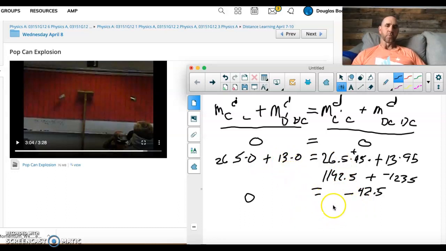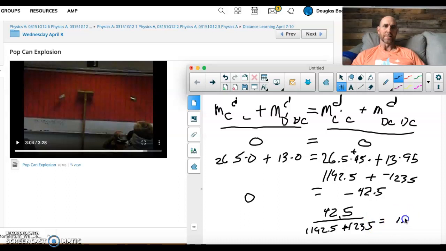So does this prove to you that momentum is conserved in a violent elastic collision? And you may say, well, no, not really. It's 42 off. But what percentage error is that? So if we took 42.5 units, that's how far off we are, and divided it by the total units of momentum, that's 1192.5 and 1235, I'm going to keep that as positive, you're going to end up with about, what did I get?